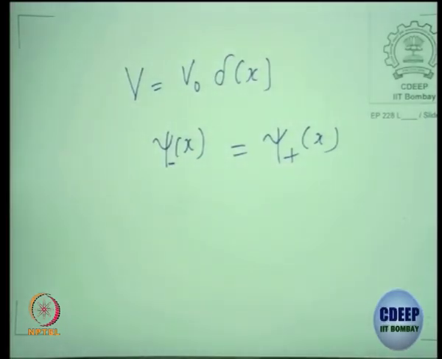Even for a particle in a box, your wave function should vanish at x equal to 0 and at x equal to L, and there is continuity. Once there is infinite potential, the wave function is 0 in the outside region of the box, and the wave function is continuous. The derivative of the wave function cannot be checked for infinite potentials, right.